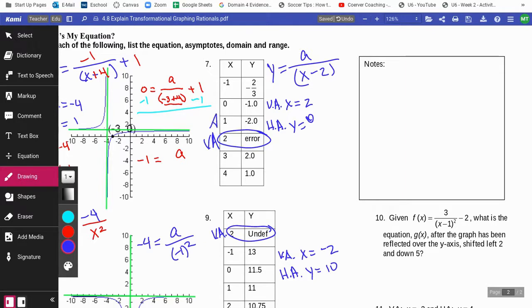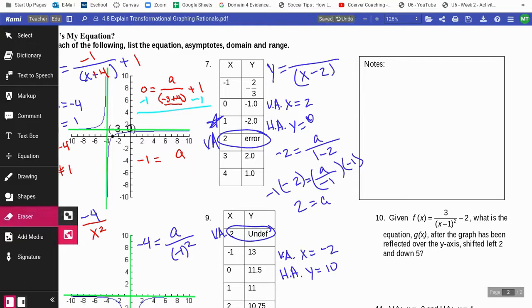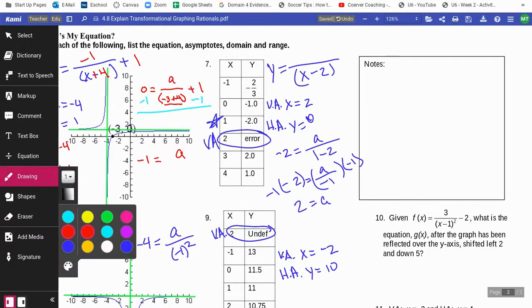I'll pick that point. We can say -2 is equal to a over 1 minus 2. -2 is equal to a over -1. We can multiply by a -1, and we get 2 is equal to a. So the a value should be 2. That's how I did it algebraically.